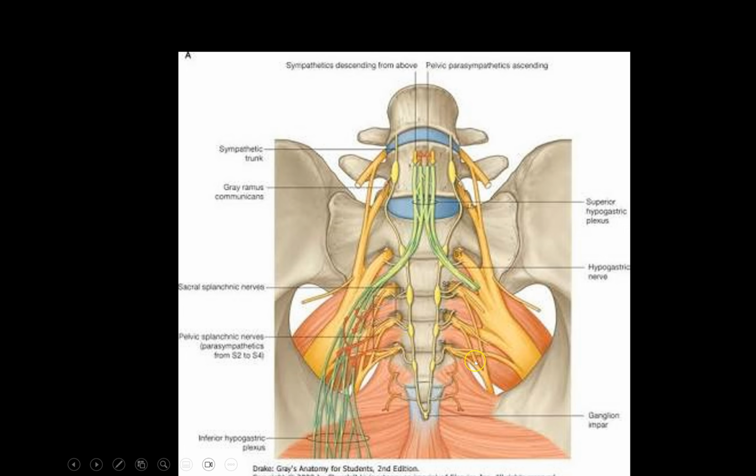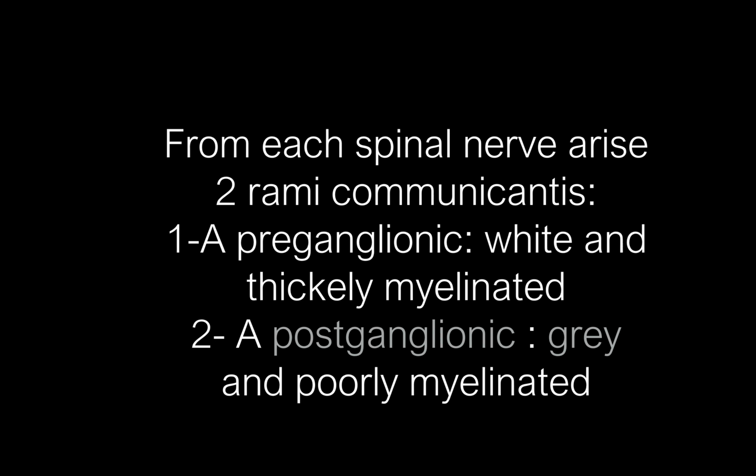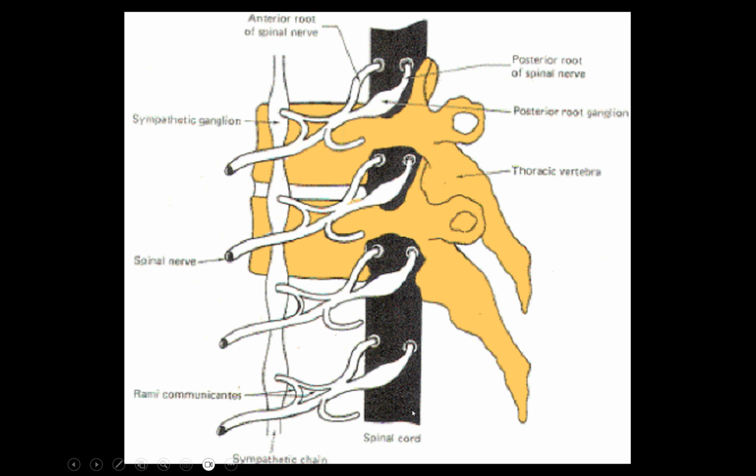So the end of the sympathetic chain is the ganglion impar present at the sacrum itself. For each spinal nerve, each autonomic nerve, we have two rami communicantes. The preganglionic fiber is white and thickly myelinated, and the postganglionic is gray and poorly myelinated.